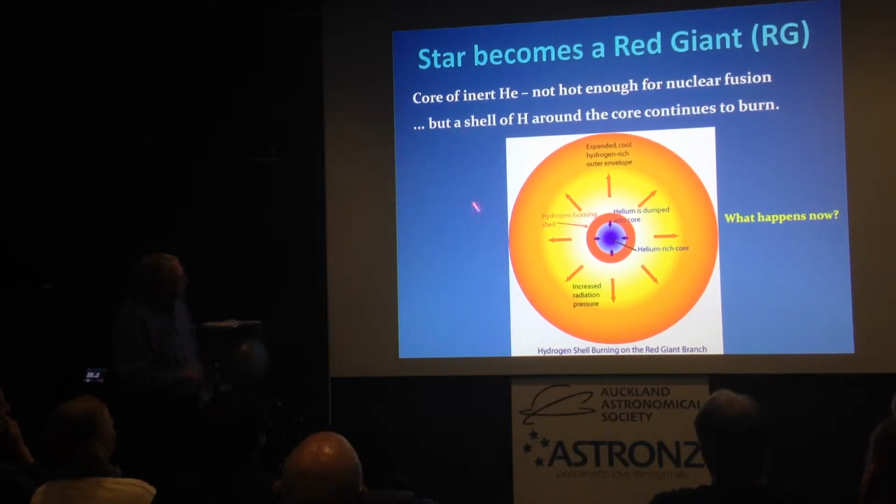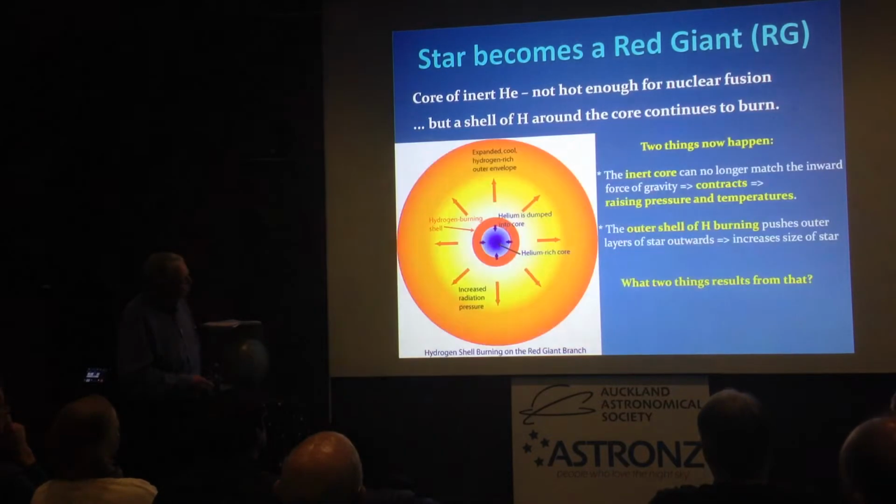So what happens is the helium will concentrate in the core, but you still get a shell of hydrogen burning away outside the outer parts of the core. So you're left with this inert core of helium, with hydrogen in a shell still doing nuclear fusion, a little shell surrounding the core.